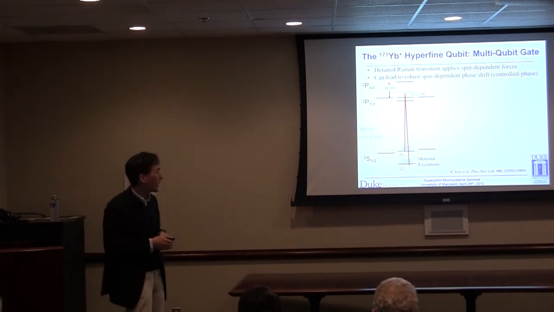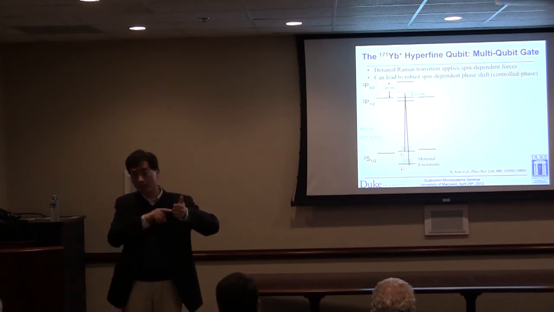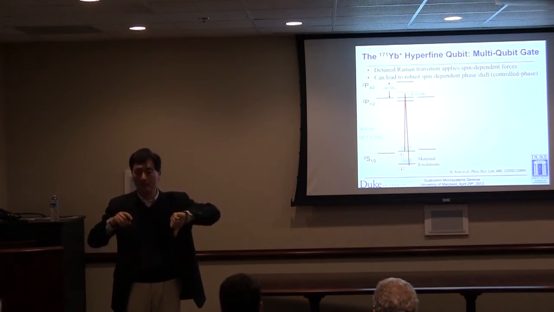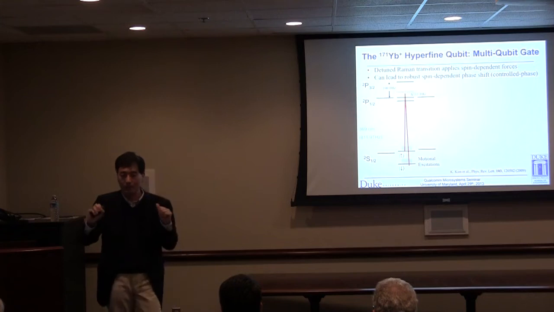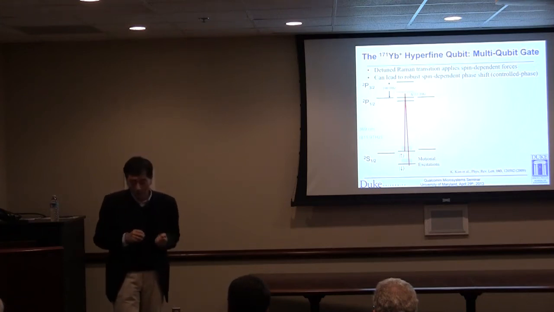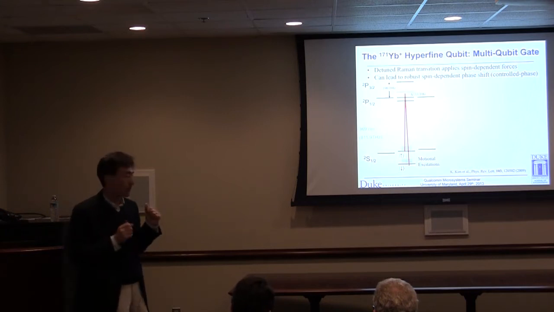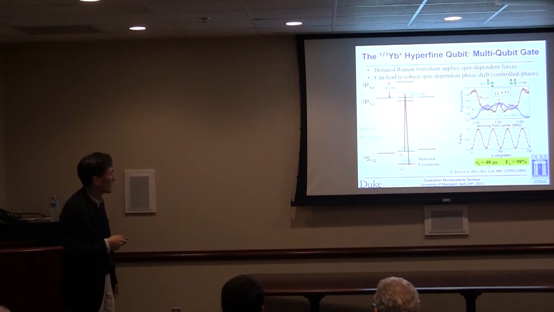Now, if the first one was in the spin up state, then nothing happens because you never excite any motion. But if the first one is spin down, then you excite a motion, and then this guy gets flipped. And therefore, roughly speaking, you can induce a conditional spin flip depending on the state of the other one. And that's basically the very intuitive physical process of how that's done.